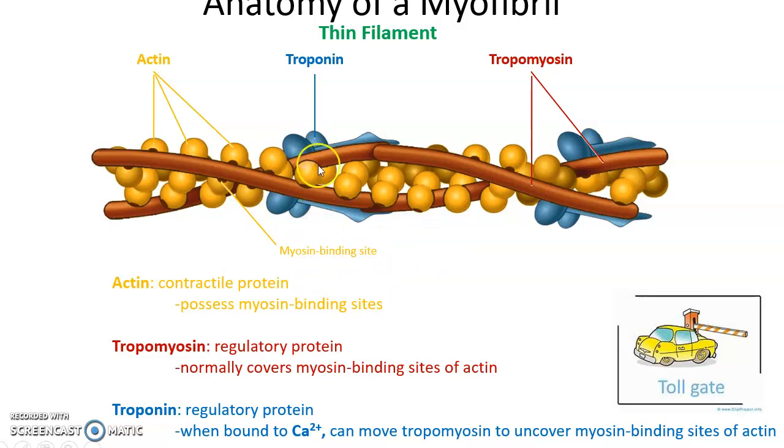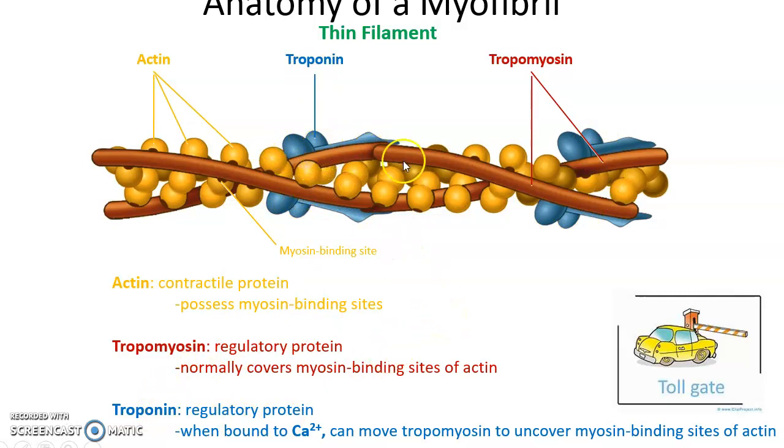Then we have tropomyosin. Tropomyosin is represented by these long brown rods. Tropomyosin is a regulatory protein, and it covers the myosin binding sites on actin. So it acts as a toll gate, preventing the myosin from binding to the actin. And then these blue structures represent the troponin. Troponin is another regulatory protein.